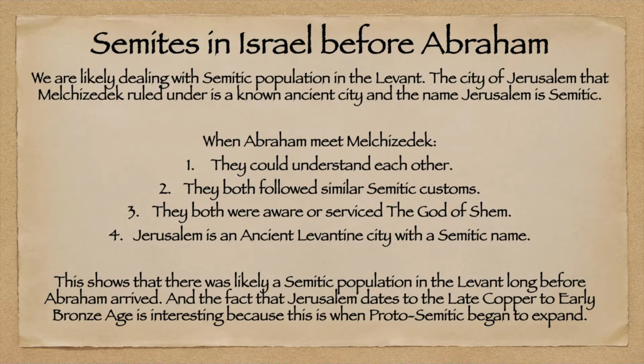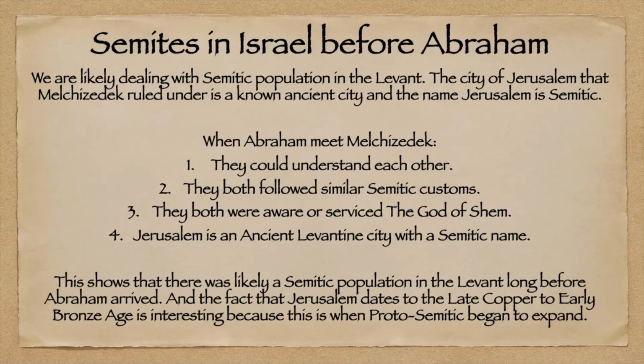All those customs are very Semitic. And three, they both were aware of or served and knew about the God of Shem, because obviously that's mentioned in the scripture. And four, Jerusalem is an ancient Levantine city with a Semitic name. And that's the fourth most important thing to keep in mind. So this shows that there was likely a Semitic population in the Levant long before Abraham arrived.